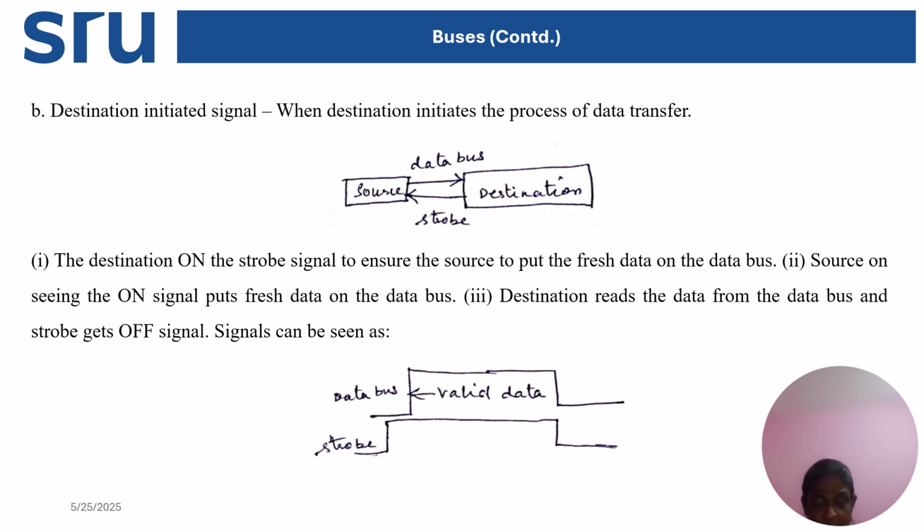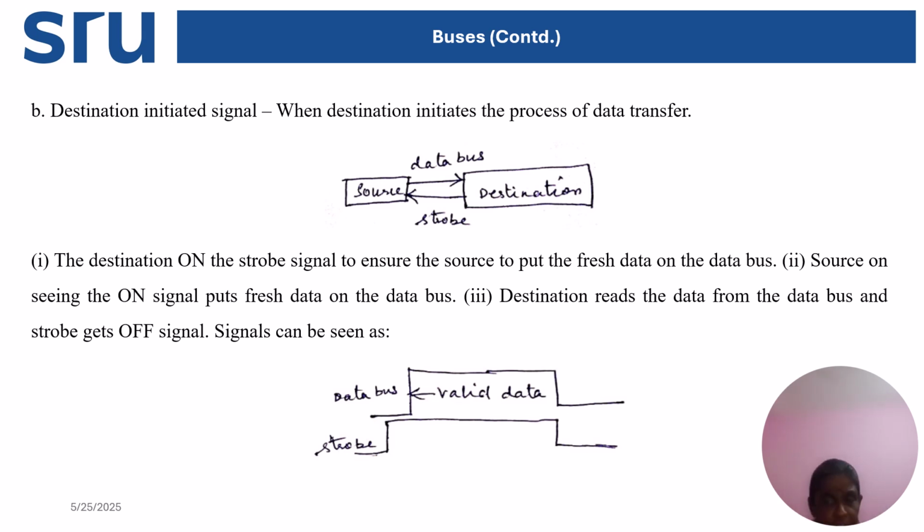In the first case, the source voluntarily gives the data to the destination, but in the second case, the destination is asking for the data. In the first case the source has to initiate the strobe signal, but in the second case, if the destination wants data, it has to initiate the strobe signal, then the source gives the data on the data bus. That is the difference.